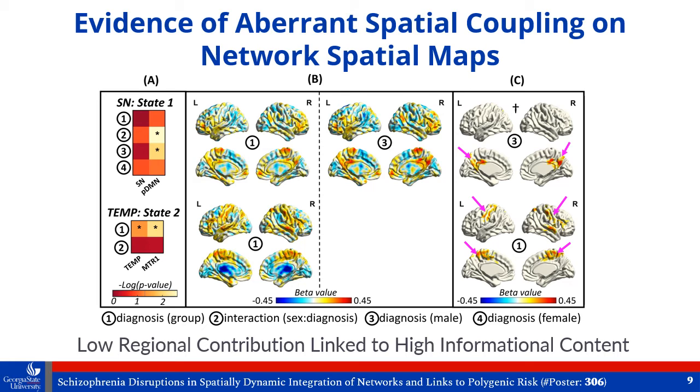We can see, for instance, that for the salience network, the beta map has a significant similarity with the default mode, for both interaction and male diagnostic effect. Panels B and C show the whole-brain beta map and the regions with significant diagnostic or interaction effect.